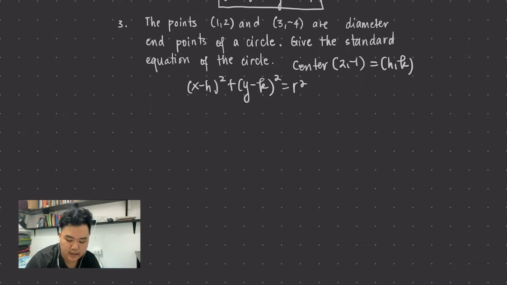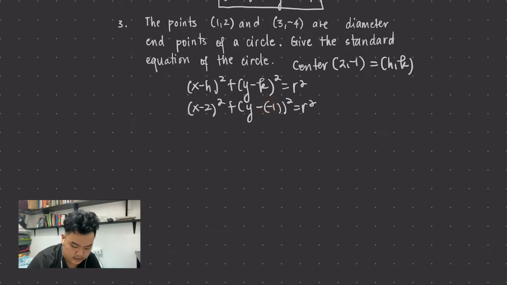Let us plug in (2, negative 1). So h is 2, k is negative 1. So (x minus 2) squared, (y minus negative 1) squared is r squared. Minus negative is a plus. So we get (x minus 2) squared plus (y plus 1) squared equals r squared.